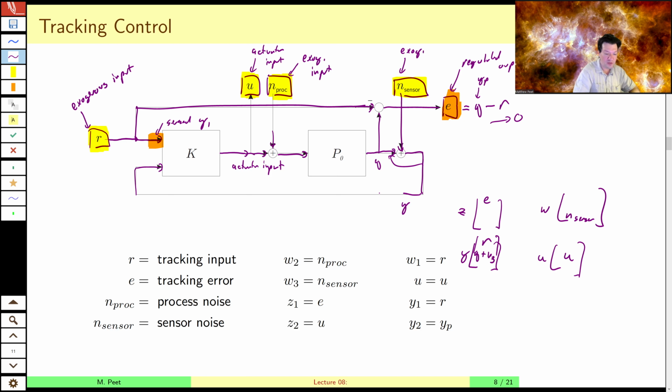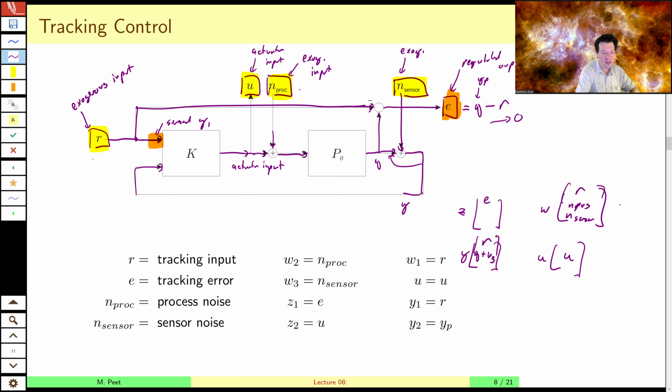All right. So we've got, see here, our exogenous inputs. We've got sensor noise, process noise. And, of course, we've got the reference signal. This is an exogenous input. We have 3 exogenous inputs, 1 actuated input.